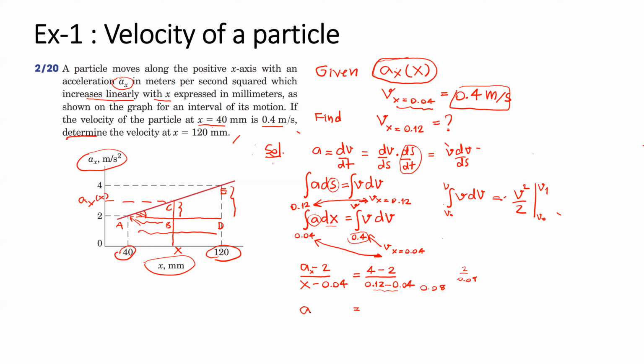Okay, so AX subtract by 2 is equal to 25 multiplied by X subtract by 0.04, isn't it? Okay, and we have AX equal to 25x subtract by 1, right?